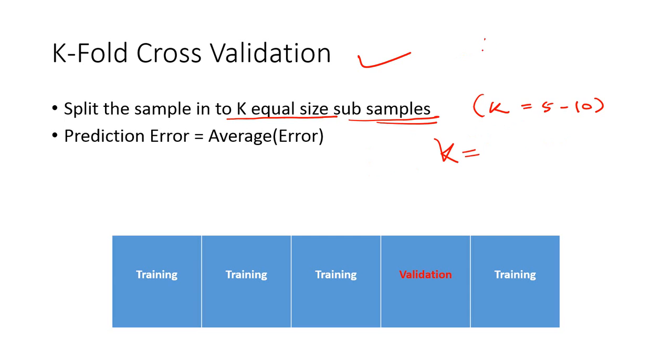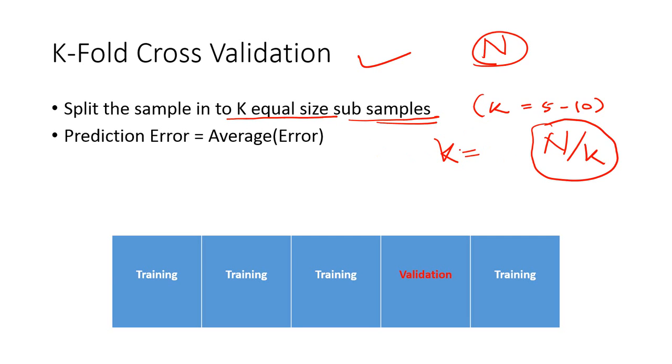Let's say there are n observations in the sample and you have taken k subsamples. So the number of data points in each subsample would be n by k, n upon k. Each subsample should have an equal number of data points.